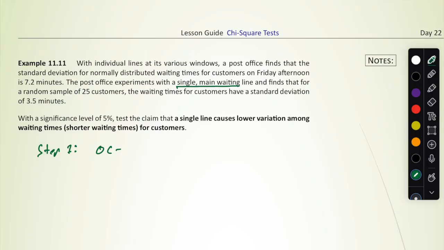And so that right there, so sigma, the variation of a single line, is less than 7.2 minutes.